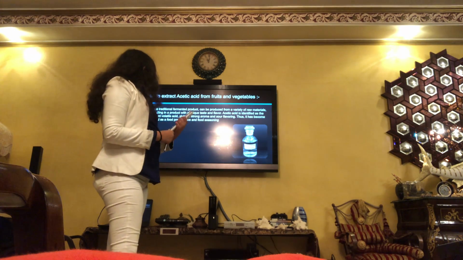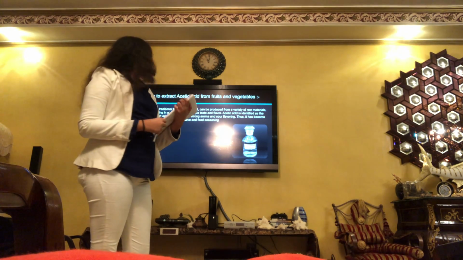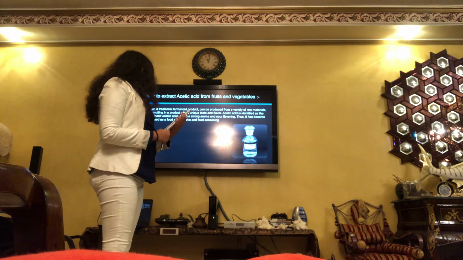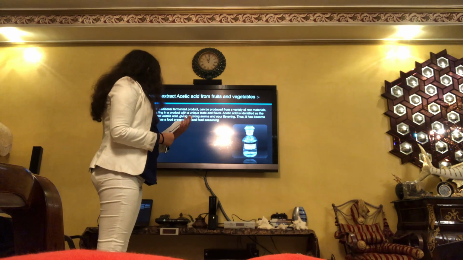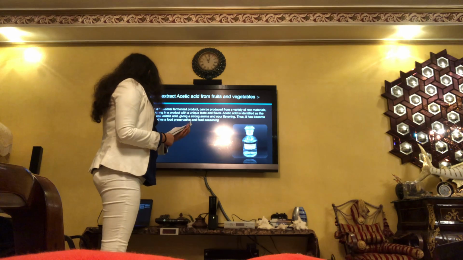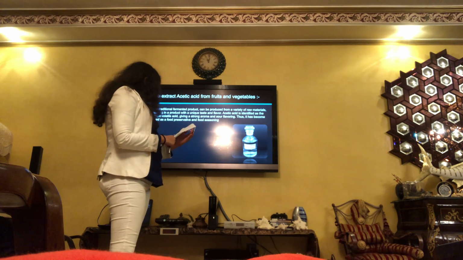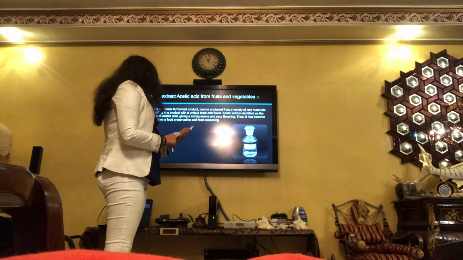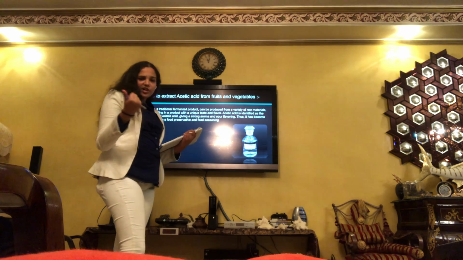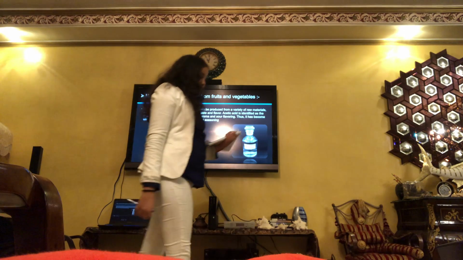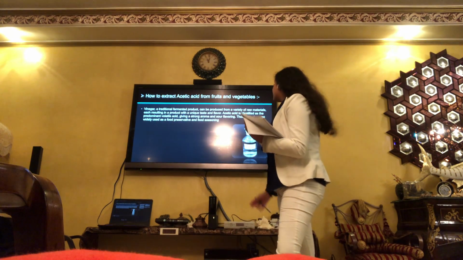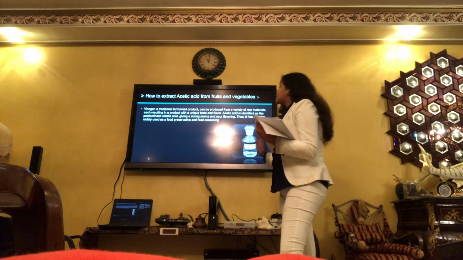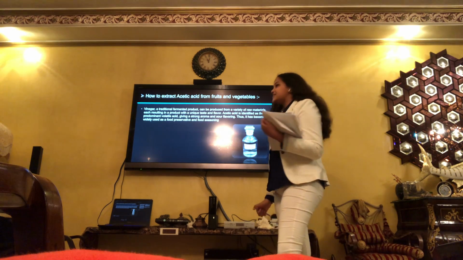Vinegar is a traditional fermented product, and it can be produced from a variety of raw materials, each resulting in a product with a unique taste and flavor. Acetic acid is identified as a prominent volatile acid, giving a strong aroma or sour flavoring. Thus, it has become widely used as a food preservative and food seasoning.